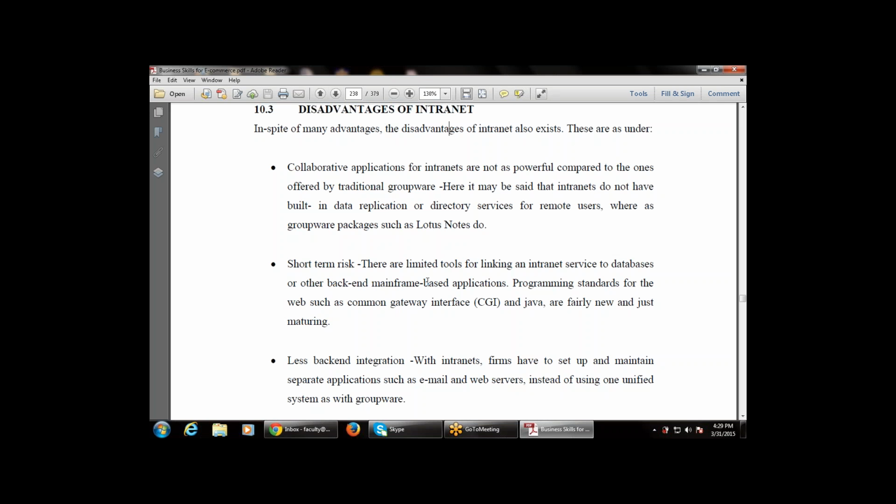As I told you, with the use of intranet, the employees may communicate with each other, but for communication purposes they want some software, they want some server, they want some email applications. So for using the intranet, the firms and organizations have to set up and maintain separate applications such as email and web server instead of using one modified system as with groupware.